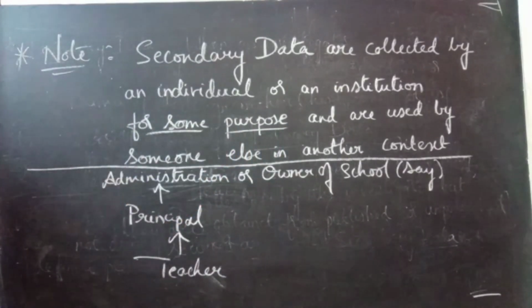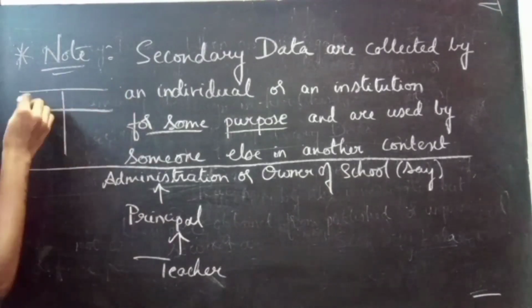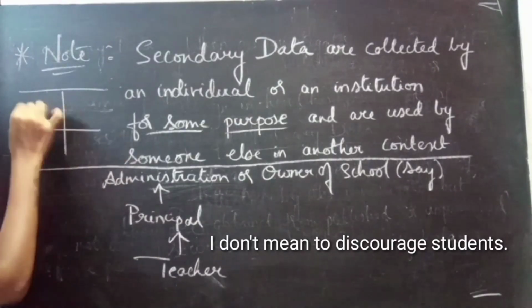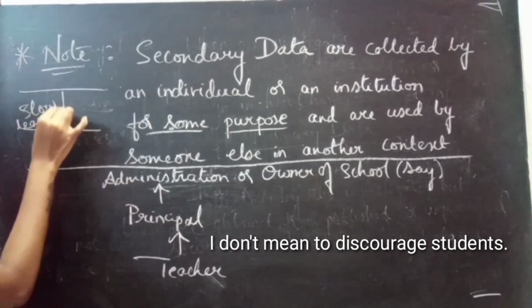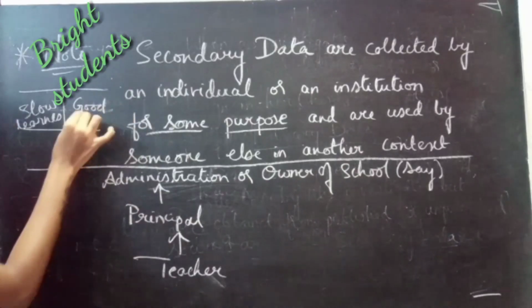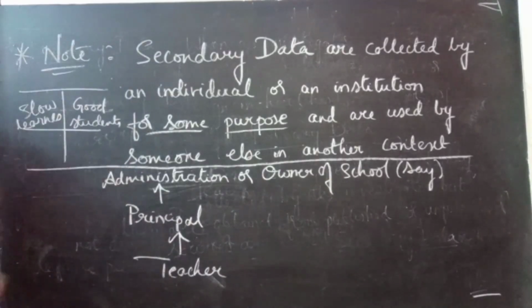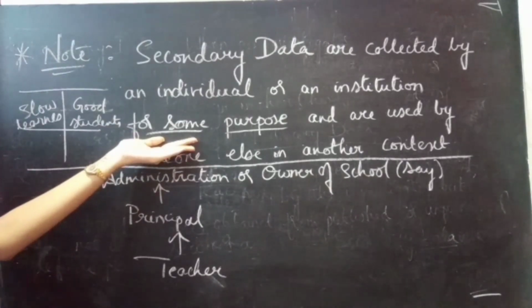For example, they will make a list of slow learners and good students, so they can make a plan to make them study well.